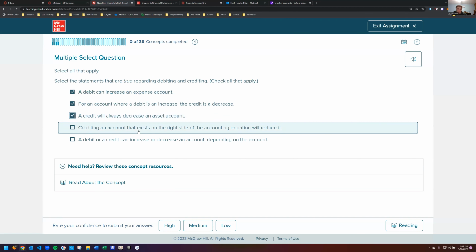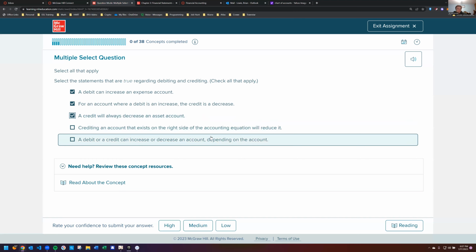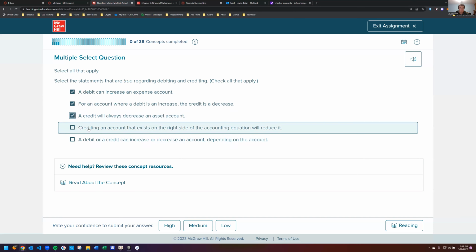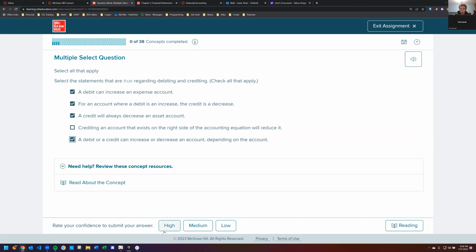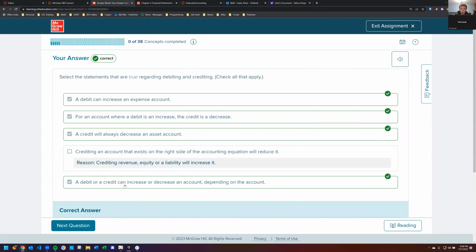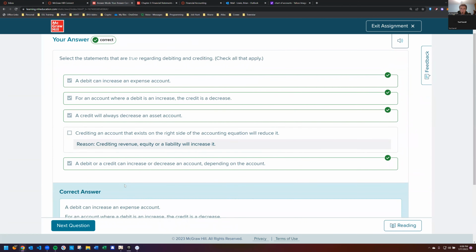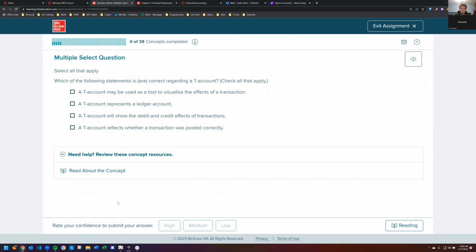Crediting an account that exists on the right side of the accounting equation, that means it's a liability or an equity, will reduce it. Crediting, that's false. A debit or credit can increase or decrease an account depending on the account. That's true. Okay, I got a high degree. Yes. Good. Okay. So far, so good.